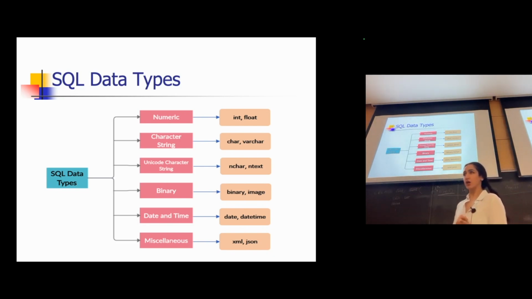And varchar is used when you have a variable number of characters. For example, you have a student name, right? A student name might be shorter for some people and longer for others, so you cannot say it's only 5 characters or 10, right? But it's always good practice to define the number of characters, whether you're using char or varchar.